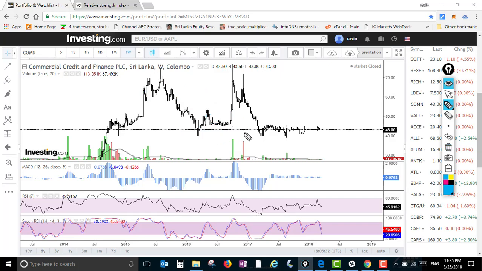At that time I entered this trade at exactly this point, because it is oversold, and we have a continuation pattern here, a flag. By looking at the whole picture, it is a reversal and it's a flag here.